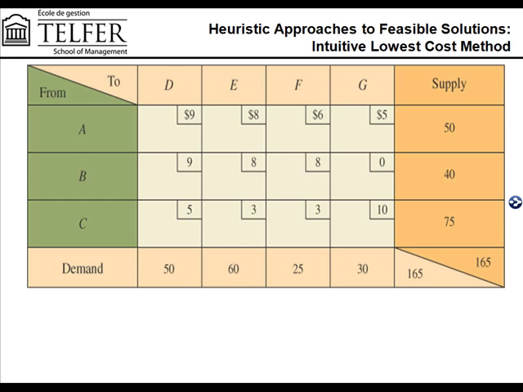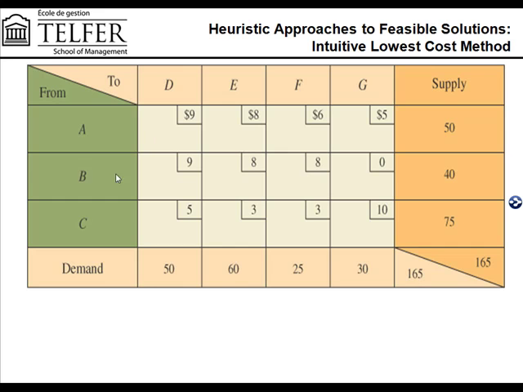The procedure to follow for this heuristic is that from the various options available in your transportation grid, you choose the cell that has the lowest cost among all of the other cells, and you try to put the maximum flow of products in that cell.